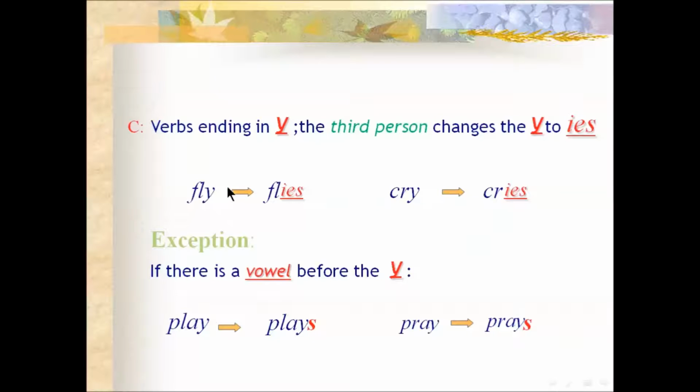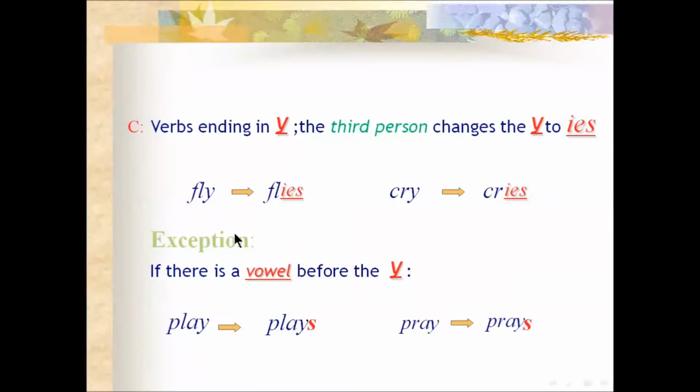That's it. For example, fly into flies, cry into cries. You see that? You just omit the letter y and add ies, and then cries.